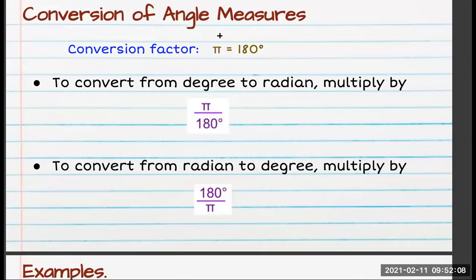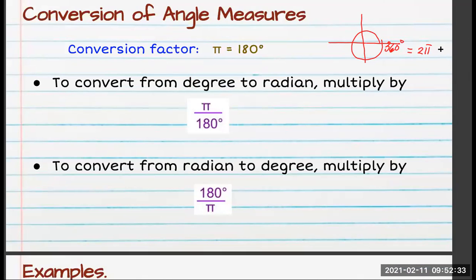Now, your conversion factor: one complete revolution is equal to 360 degrees, right? Okay. And one complete revolution is also equal to 2 pi because the circumference of the circle is 2 times pi times r, right?